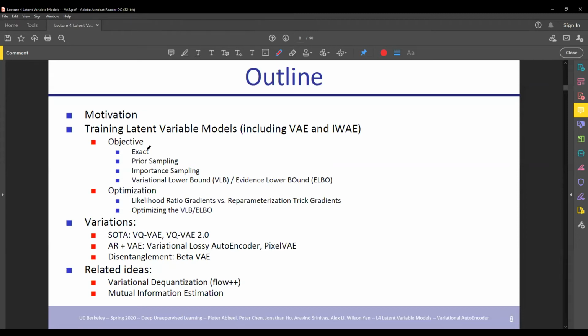So in the first instance, we start with a very simple assumption and an exact assumption. Then we go to, but we cannot do that. We cannot successfully implement the exact assumption in high dimensions, and we'll see that. So we'll then go to sampling the prior, which is sampling the latent variable, PZ of Z. But that's actually, again, not what we want. What we want is to sample the posterior, and how do we get closer to it?